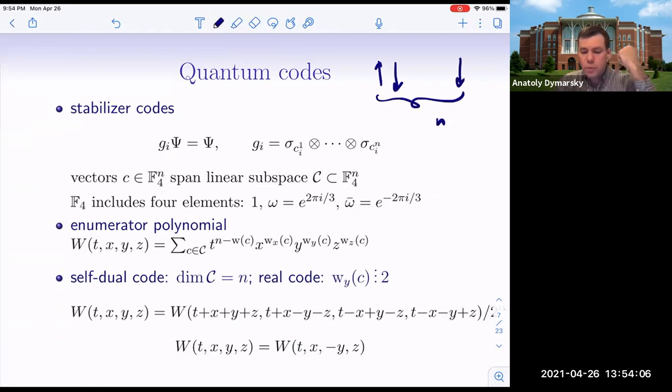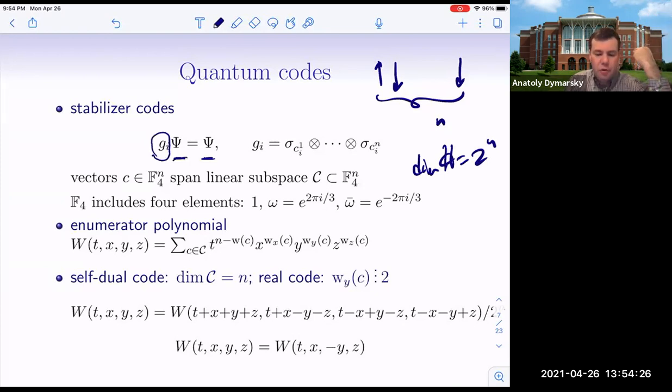You have n qubits, so you have a Hilbert space of dimension 2 to the n, and the code subspace consists of all vectors psi which are invariant under the action of some abelian group. This abelian group acts on the code subspace trivially. So from the mathematical point of view, for the code subspace, this abelian group is a stabilizer. And that's why the codes are called stabilizer codes.